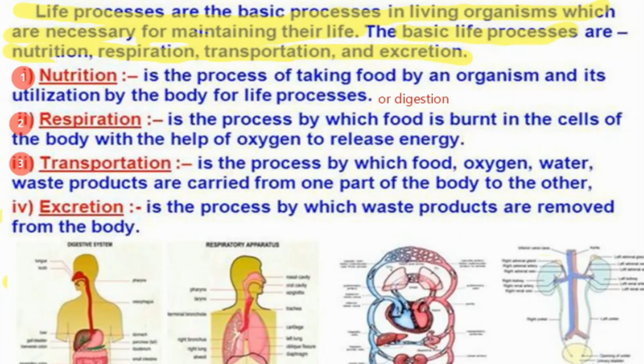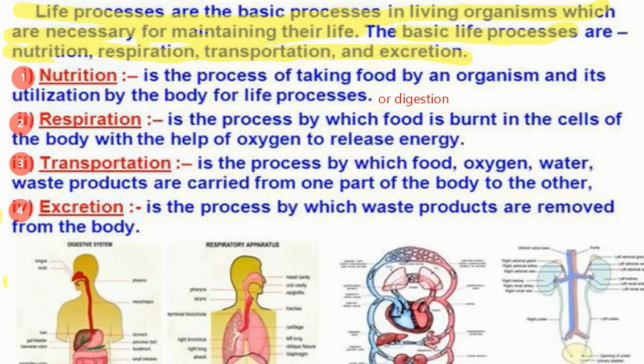First, digestion, commonly called nutrition, the mode of intake of food. Already we have read about nutrition in junior classes. So the first process we talk about is digestion. Second process, respiration, which is very important for our body. Third process, transportation.